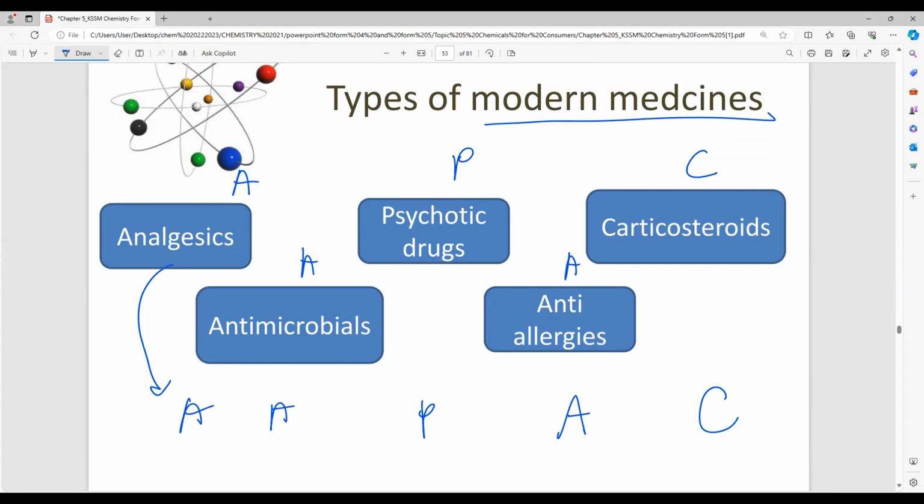Second A, you write in your mind map, antimicrobial. Third one, P, is psychotic drugs, the crazy ones. Fourth A is anti-allergies. And fifth, C, is corticosteroids.